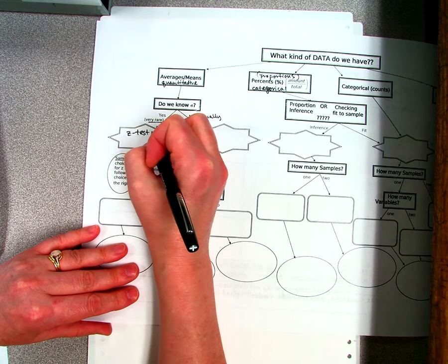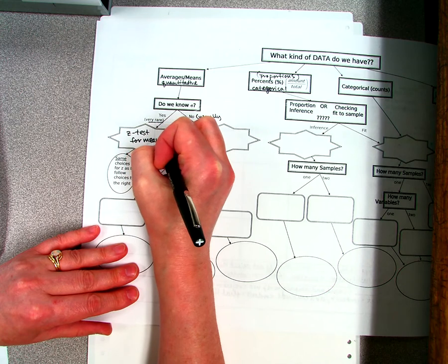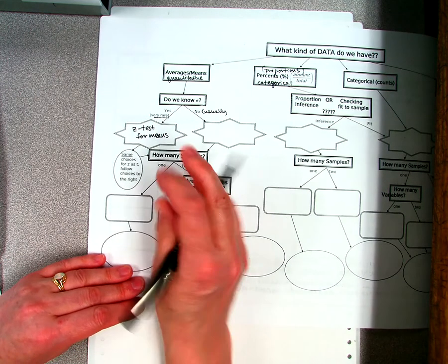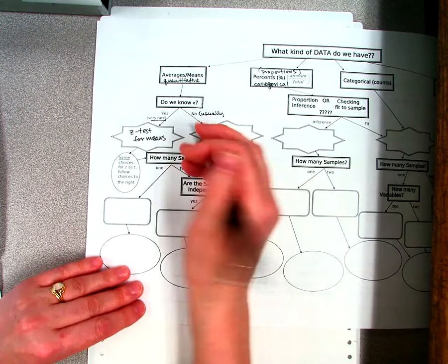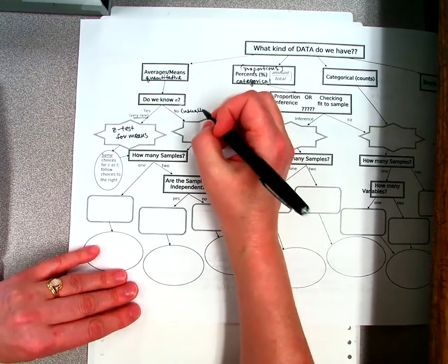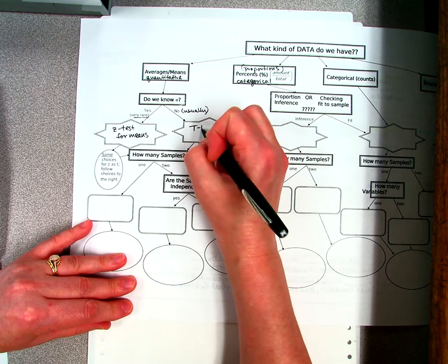And we have not studied those because they are so unusual. But if you were doing that, you would do the same stuff you would do for T, and you just follow what it says over here. So I'm not going to spend time on this. I'm just going to say hardly ever happens. Usually it's a no, and so that means you'd be doing a T-test for means.